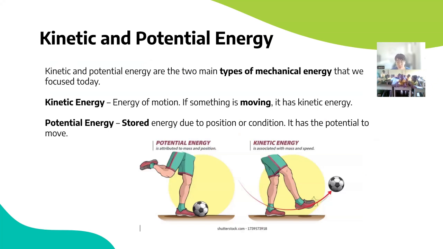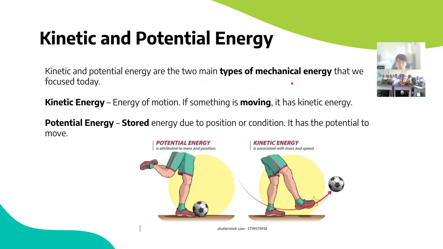We saw how energy was transferred, but in the second video, if you guys remember, we talked about kinetic and potential energy. So these two energies are the main types of mechanical energy that we focus on today.